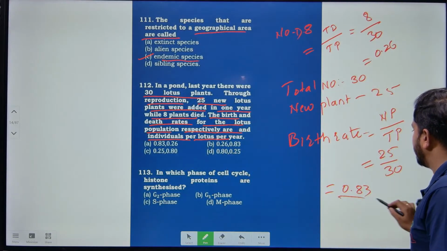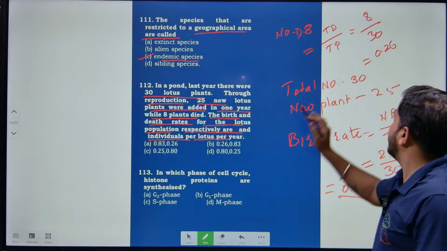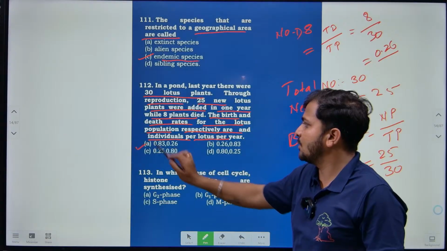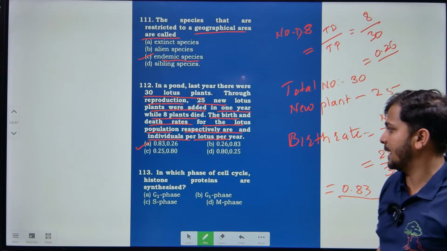So the birth rate is 0.83 individuals per year and 0.26 is the death rate. According to that, answer A is correct, right?